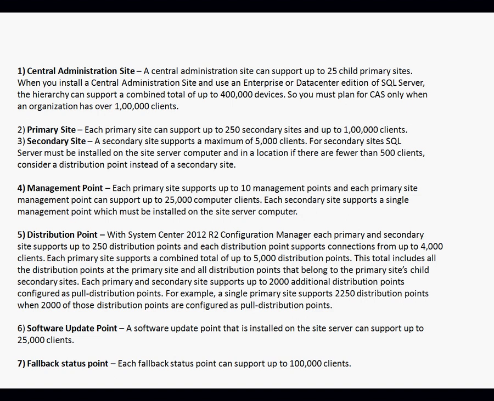If you have one central administration site, you have to have at least 2 primary site servers. You cannot have one primary and one central administration site. So if we have one central administration site, we should have at least 2 primary sites, and after that we can have a secondary if required. Yes.